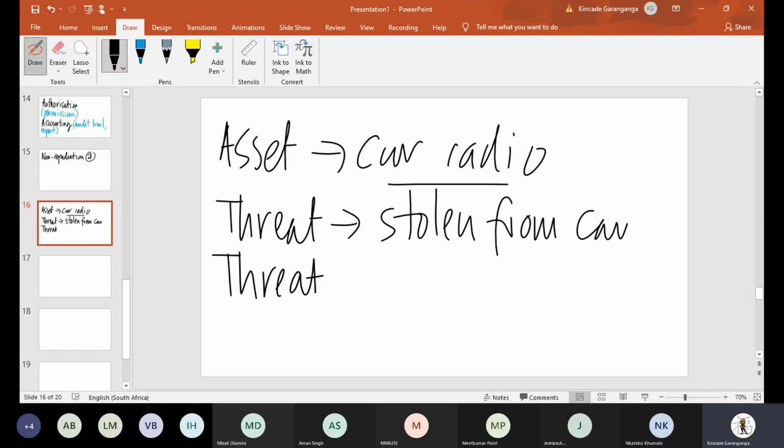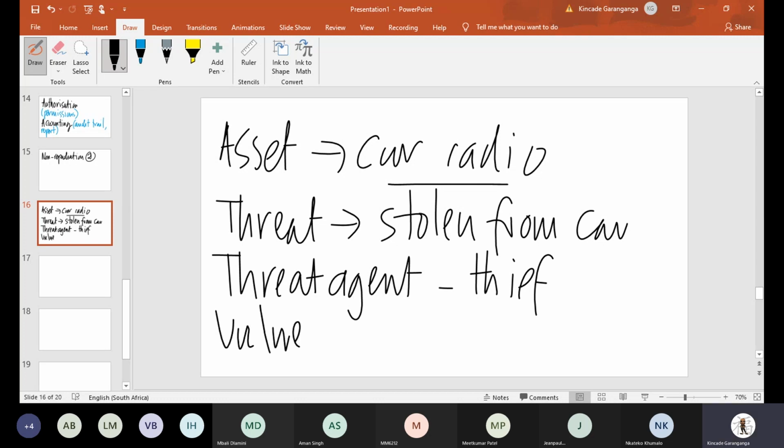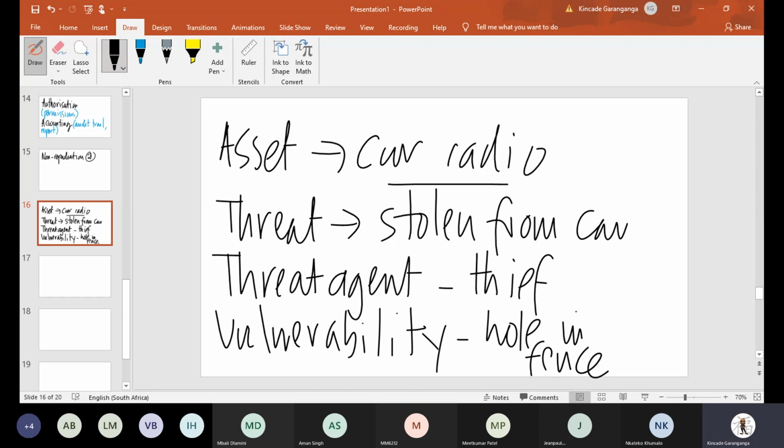A threat agent here is the thief, right? What is a vulnerability? This could be, let's say, a hole in the fence. Hole in fence. That's a vulnerability, right?